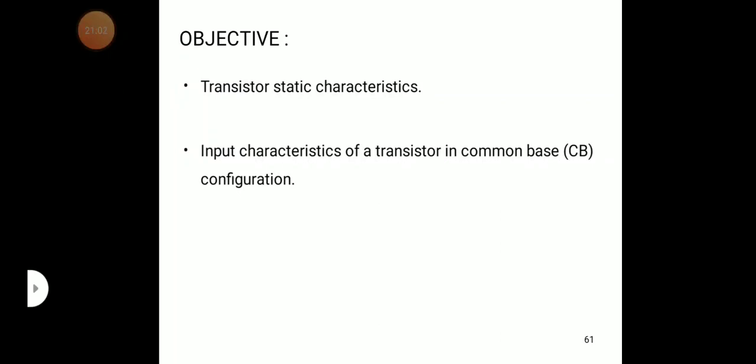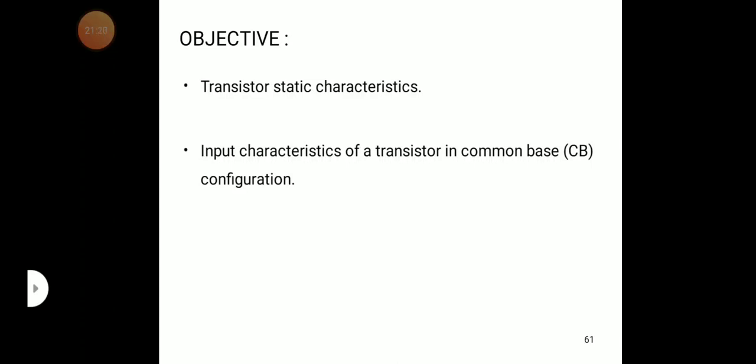The meaning is how much input resistance and output resistance it offers, and where it is on, where it is off, and so on, is given by the characteristics of the device.